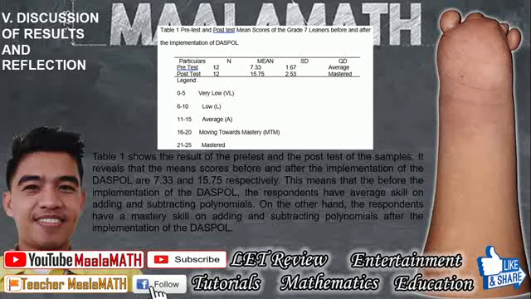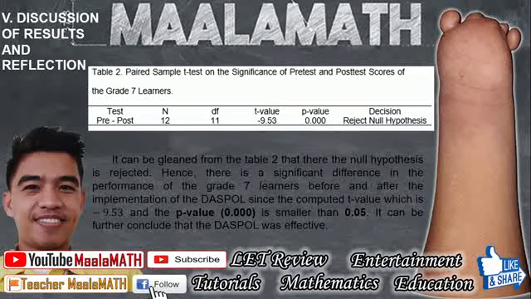This means that before the implementation of the DASPOL, the respondents have average skill on adding and subtracting polynomials. On the other hand, the respondents have a mastery skill on adding and subtracting polynomials after the implementation of the DASPOL.